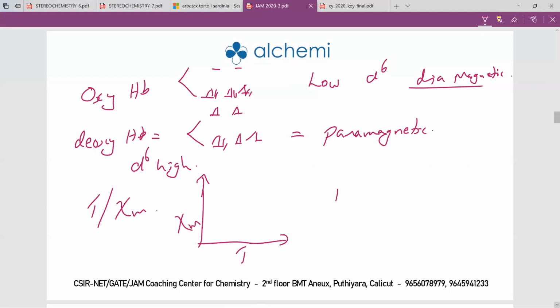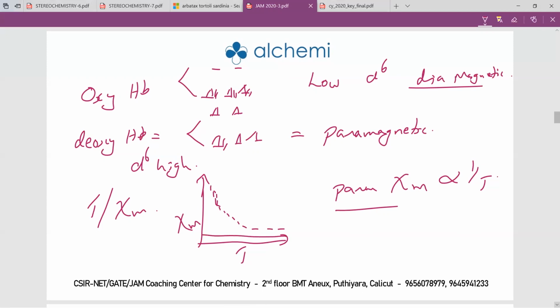For paramagnetic substances, chi m is inversely proportional to temperature. If temperature increases, the magnetic property of the paramagnetic substances decreases. So we should expect a peak like this. But for diamagnetic substances, the temperature will not affect the magnetic property, so it will be a straight line.